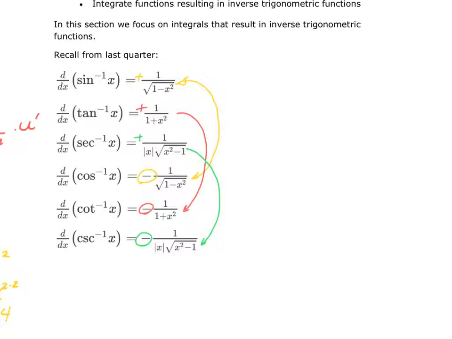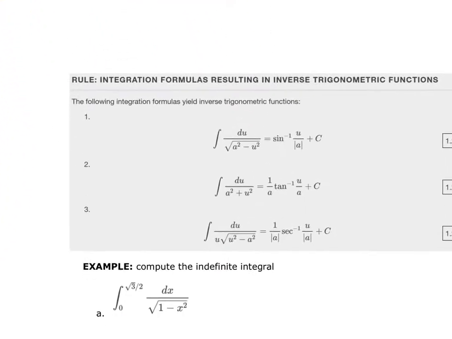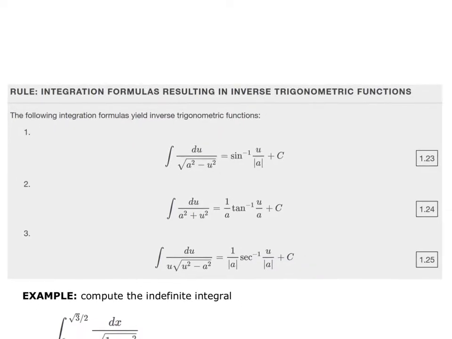What that means for us when we integrate these, because they're pretty much the same things, is that we're only going to use sine inverse, tangent inverse, and secant inverse. And then we adjust by putting the negatives when we need it. So when we see that form, du over the square root of a squared minus u squared, then if it's a negative or a positive, I use sine inverse.